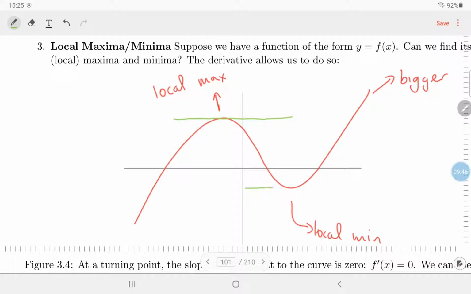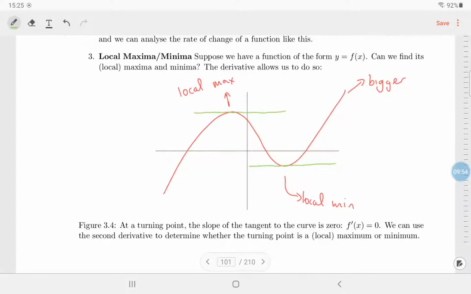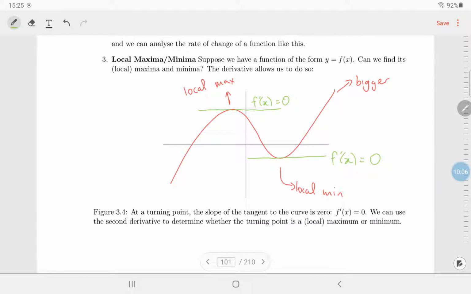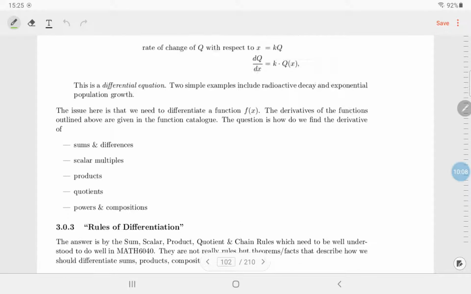Similarly, the trough has to be flat. If you play golf, the bottom of a bunker is flat. So what we have is at both of these points, the first derivative, which is the slope of the tangent, is equal to 0. And then you can talk about the second derivative to determine whether it's a local max or min, but we don't need that in this module, so I'm going to glide over it. Okay.